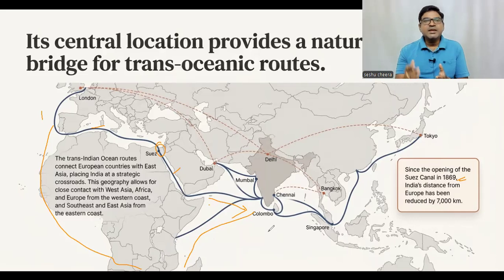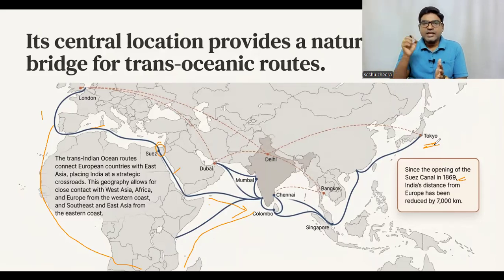So that has given India a natural bridge for transoceanic routes. The transoceanic routes connect the European countries with the East Asian countries. So now, not only stopping here, it can also take them to Tokyo, to the complete eastern region. And it is also a strategic crossroad.